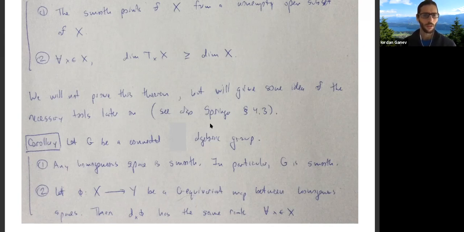First of all, any homogeneous space for G is smooth. Remember, a homogeneous space just means a G-space with a transitive action. And G itself is a homogeneous space for itself under left or right multiplication, and so G itself is smooth. Second, if we have a G-equivariant map between homogeneous spaces, then it's of constant rank. So the rank of the differential as a linear map between finite dimensional vector spaces is the same for all x.